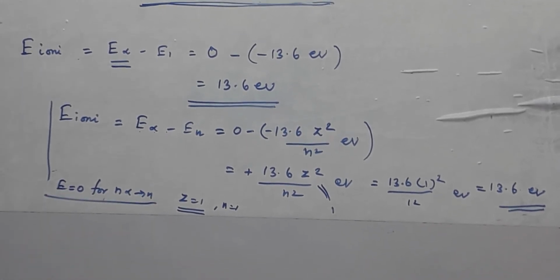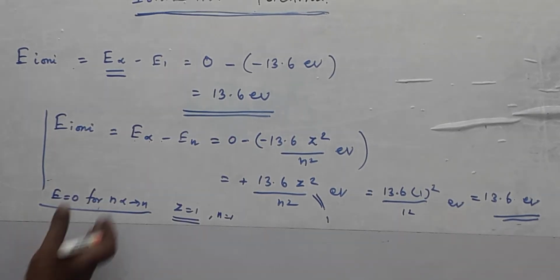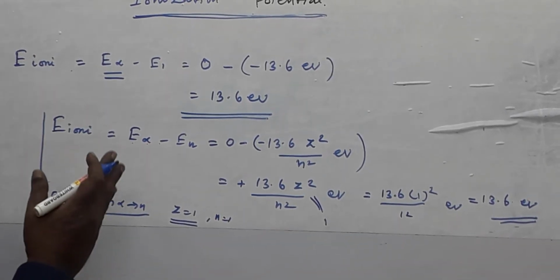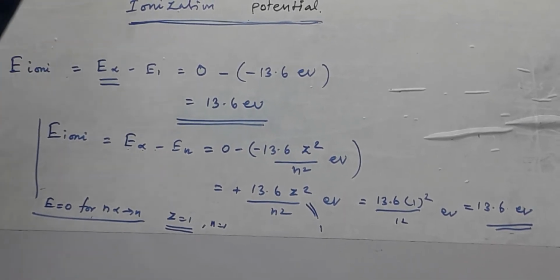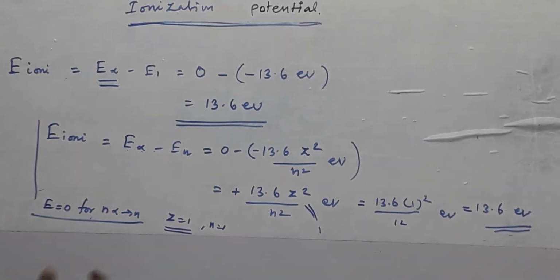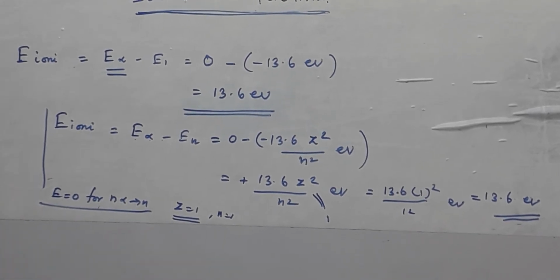That's a very important concept. You have to understand why we are putting 0 here. When the electron is far away from the nucleus, at infinity, then E equals 0. That's a very important concept.